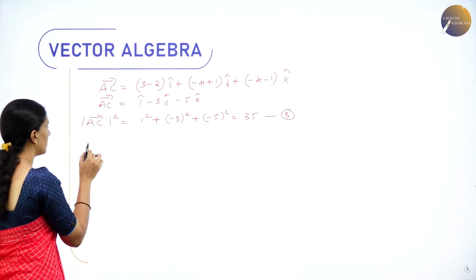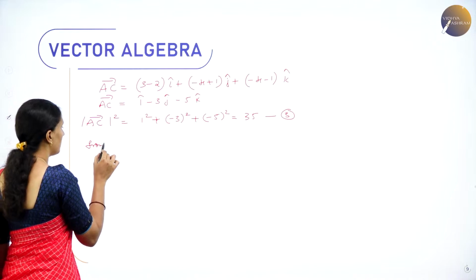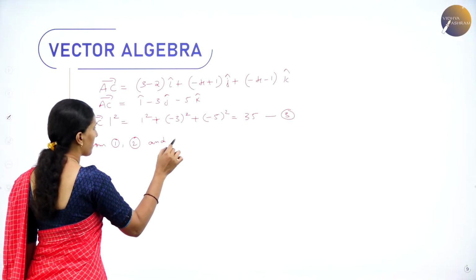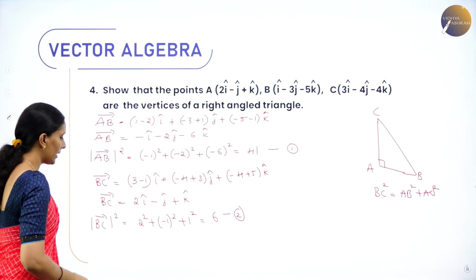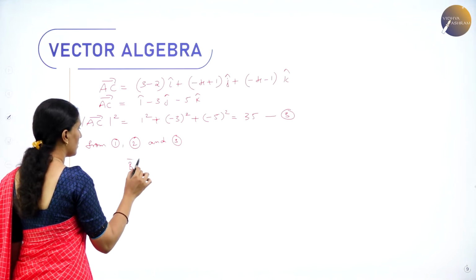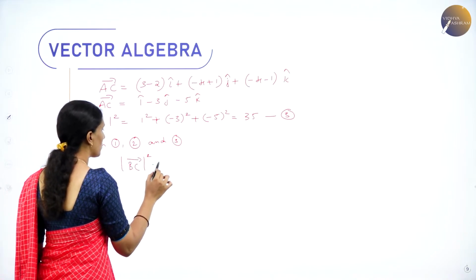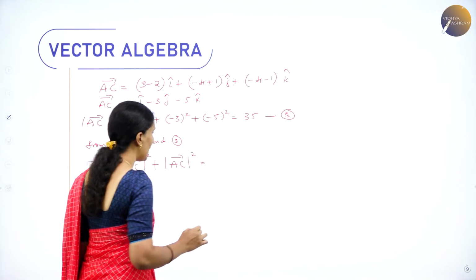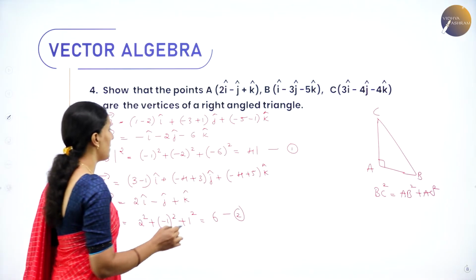Now observe from equations 1, 2 and 3: if you take the sum of BC square and AC square, the length is equal to AB square.